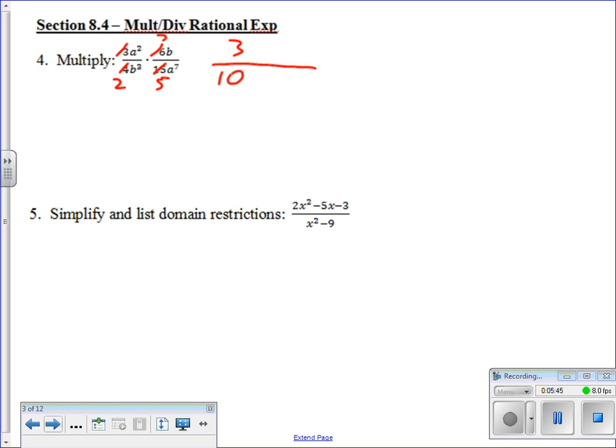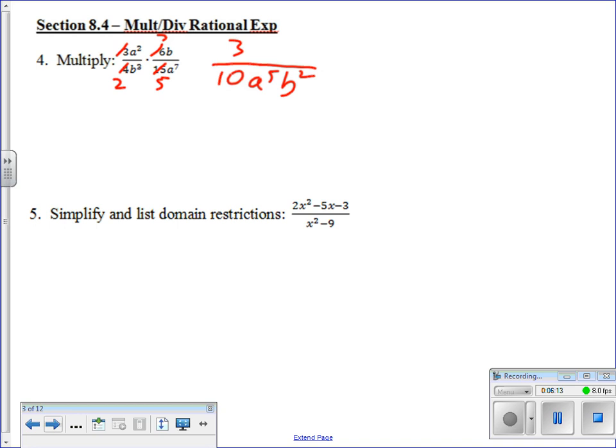And then I have a's on top, a's on the bottom. You're dividing, so subtract. 7 minus 2 is 5. Where does the a to the 5th go? In the denominator, because that's where the larger exponent is. So it's a to the 5th. And then b cubed, b to the 1st. 3 minus 1 is 2. And the b squared goes in the denominator as well.